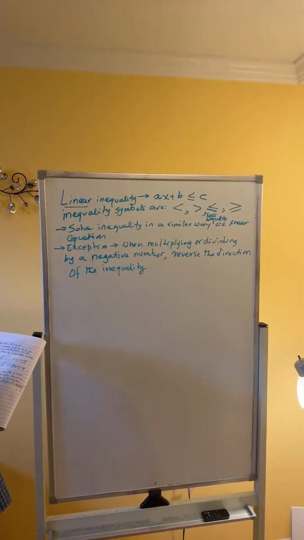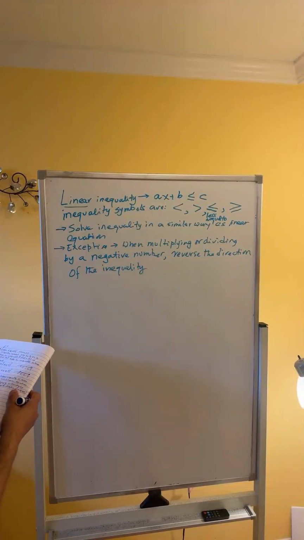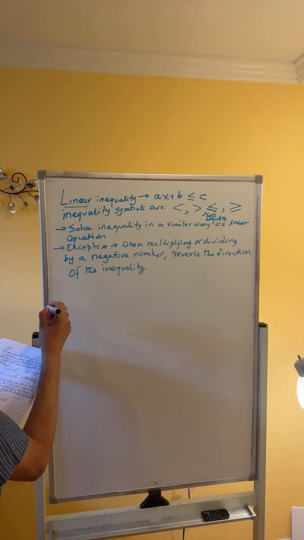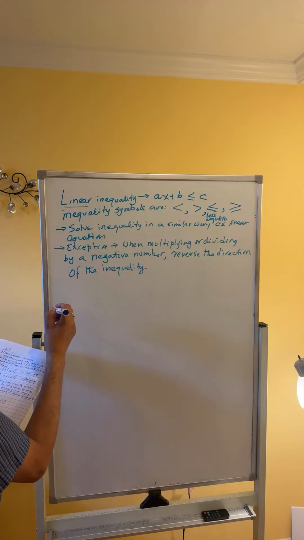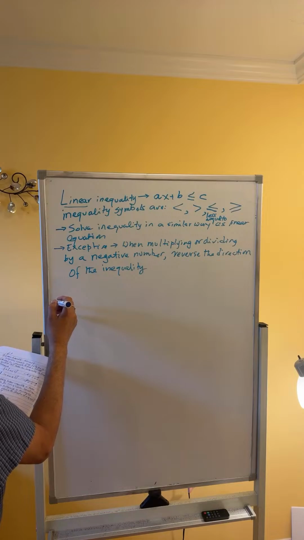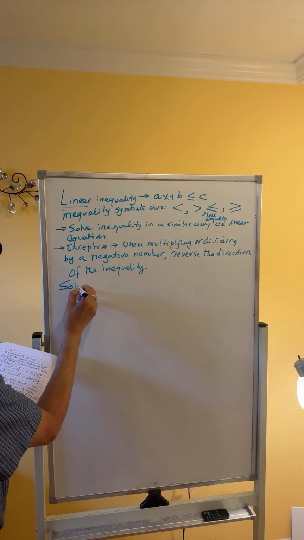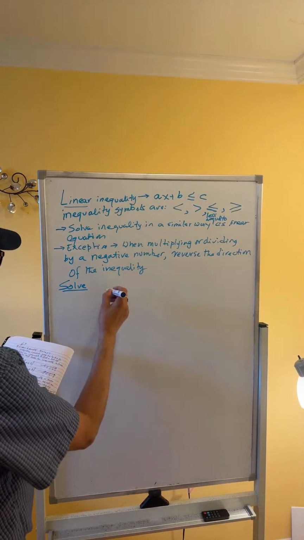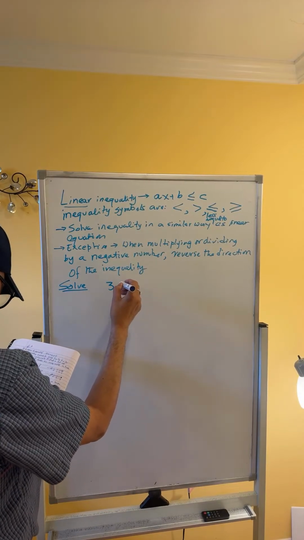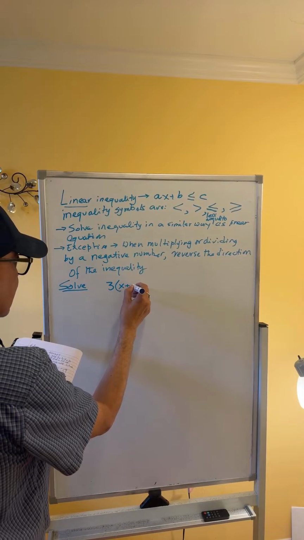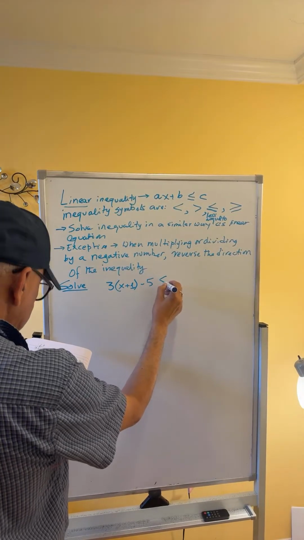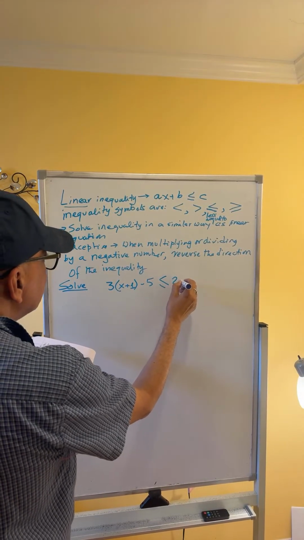So let's solve an inequality. Solve this inequality: 3 times x plus 1, minus 5, less equal to 2x plus 1.